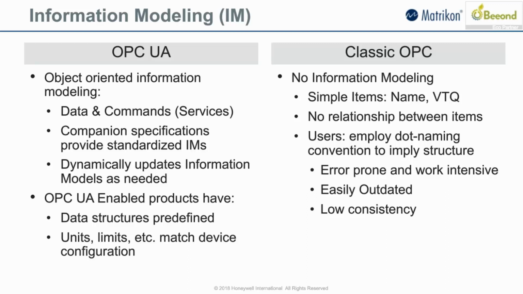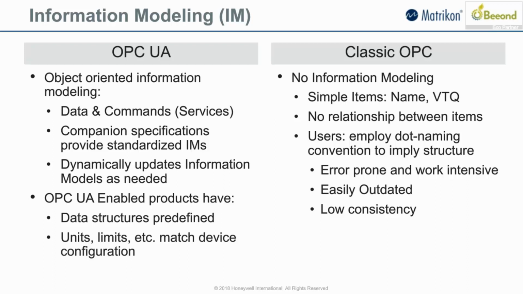Okay, so that's on the OPC UA side. Now, when we talk about classic OPC, again, it was an earlier version. You get your name, and typically there's no relationship between different items in a classic OPC server. The way you imply a relationship is by using a dot naming convention where you would identify a particular asset, dot, and then you would add whatever the actual parameters are that you're looking at.